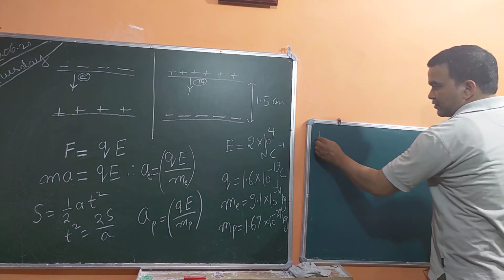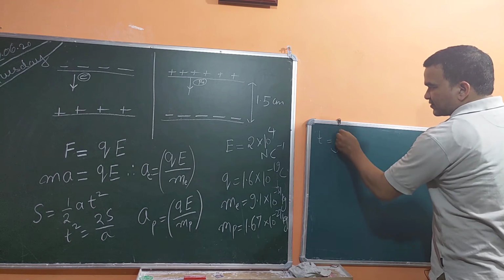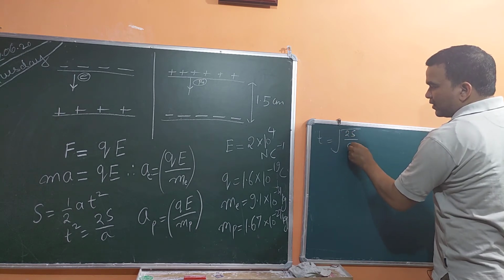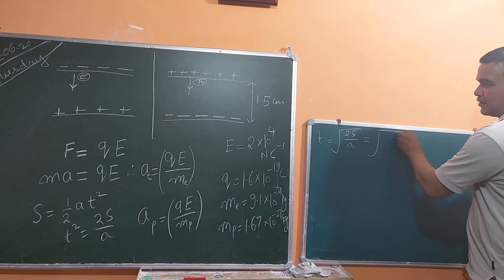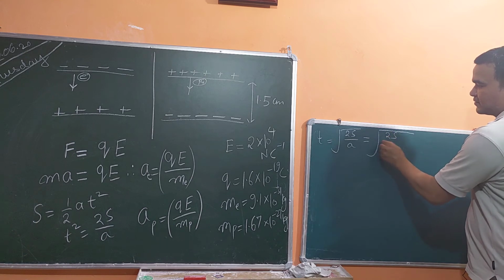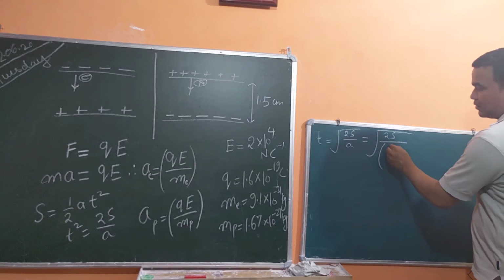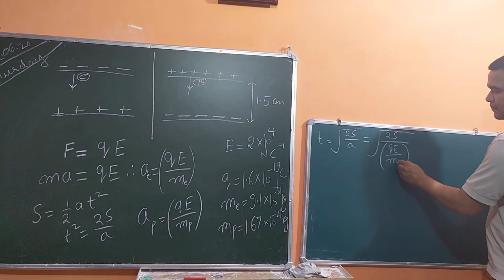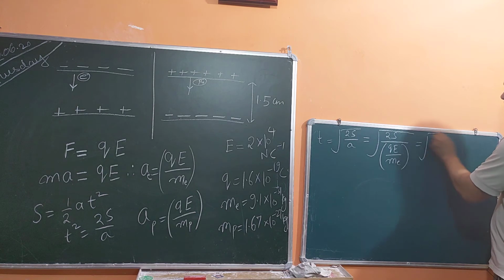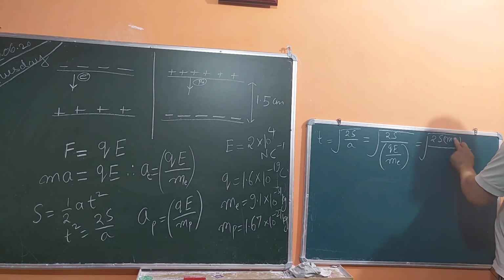So the value of t would be under root 2s upon a, and in case of electron, 2s upon qE upon m_e, which is 2s m_e upon qE.